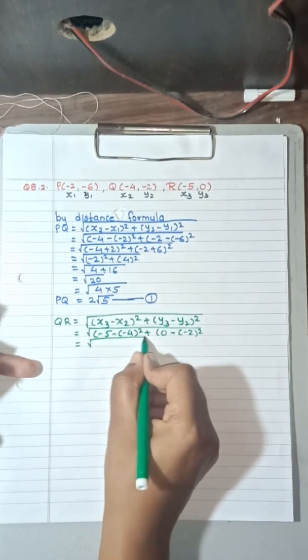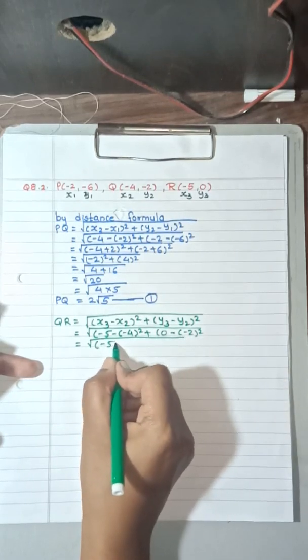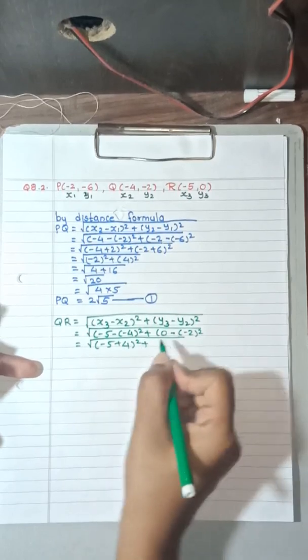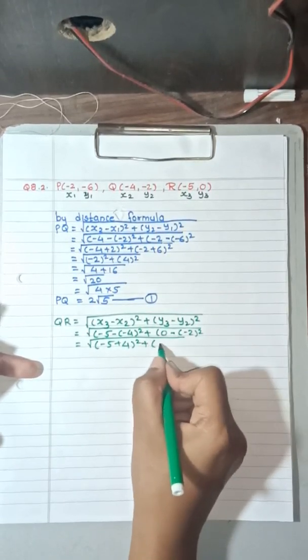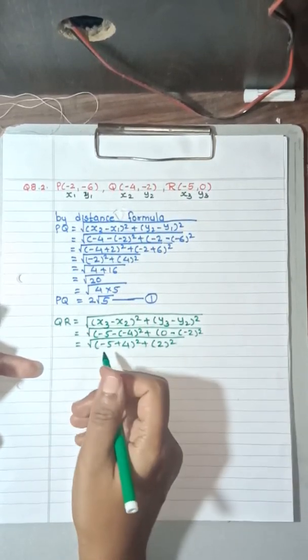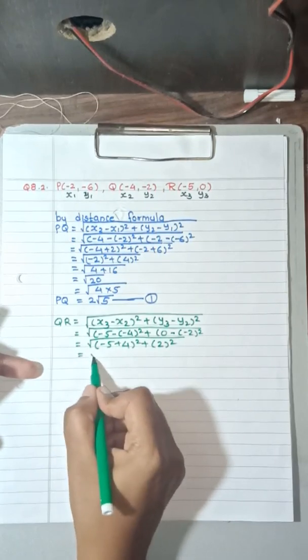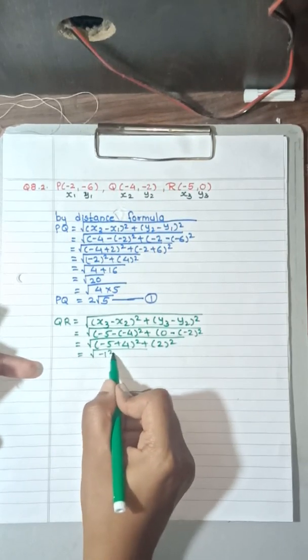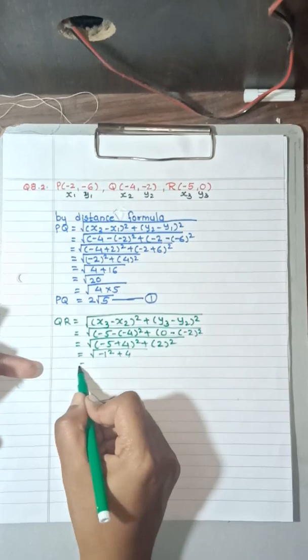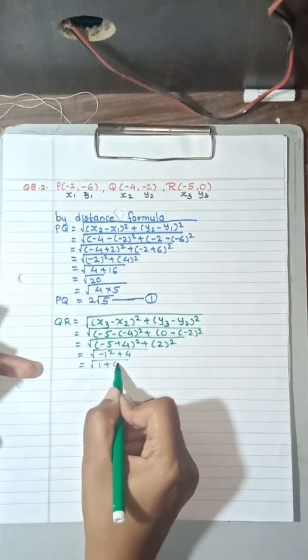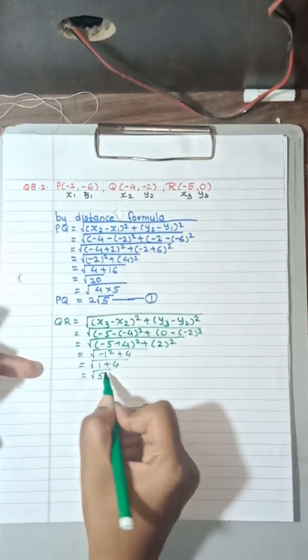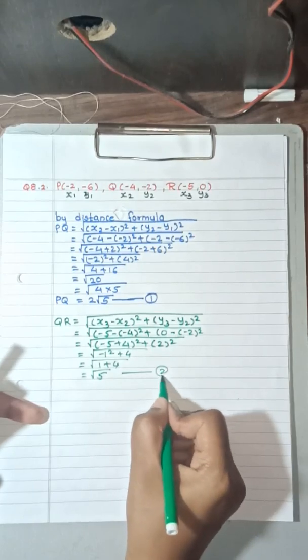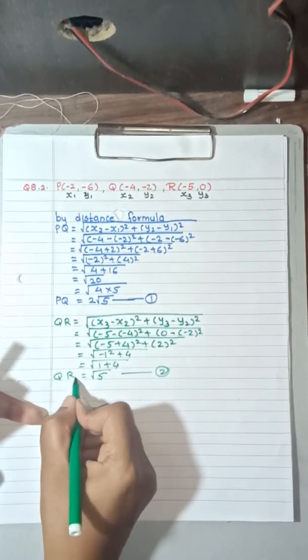That will be equal to under root of (-5 plus 4) square plus (-2 will be 2) square. Okay, now this will be equal to under root of (-1) square plus 4. This will be 1 plus 4, and that will be under root of 5. This is your equation 2. So this is your distance QR.